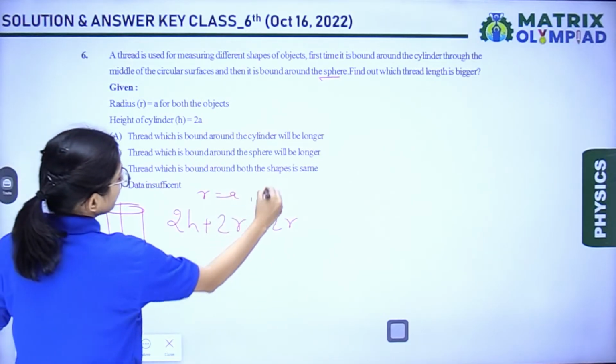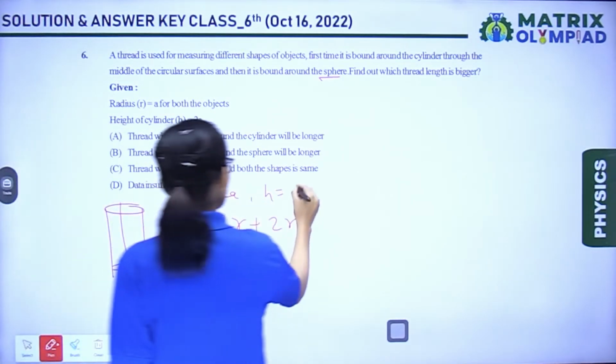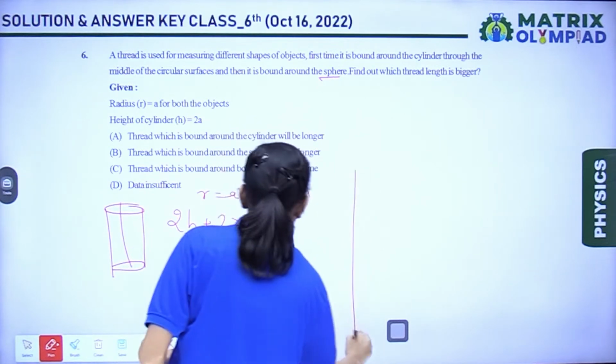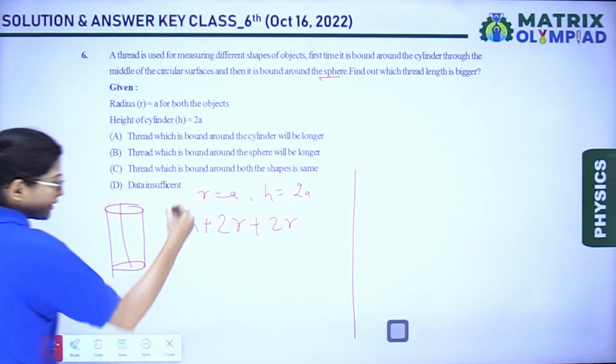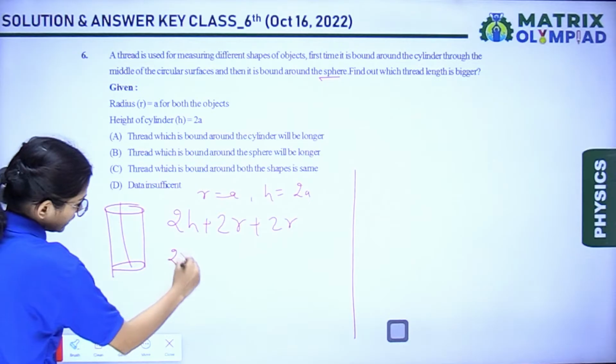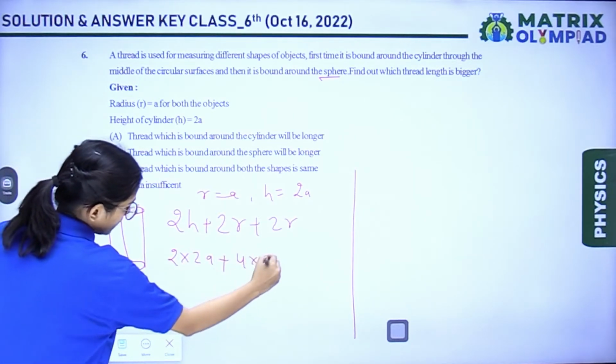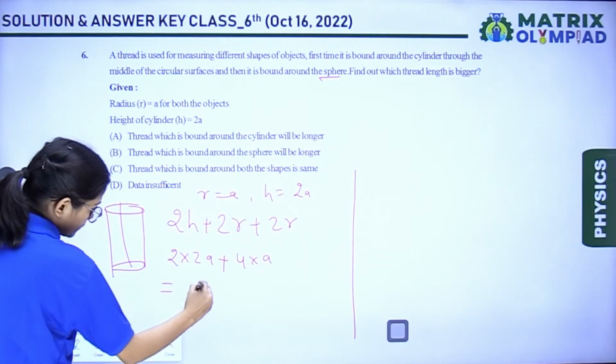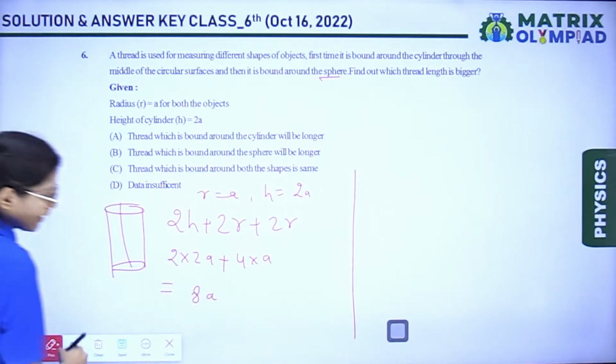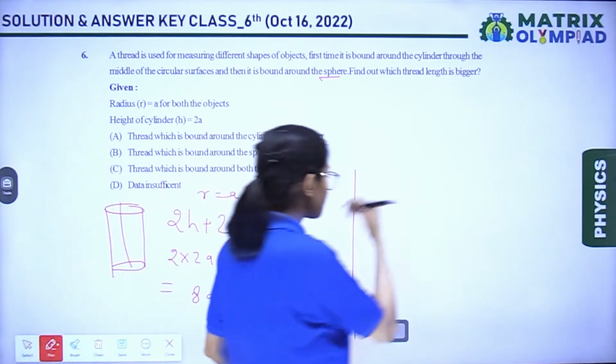In the question it is given that R is equal to A and H is equal to 2A. If I put the values of R and H, then 2 into 2A plus 4 into A, so this has a length of 8A.